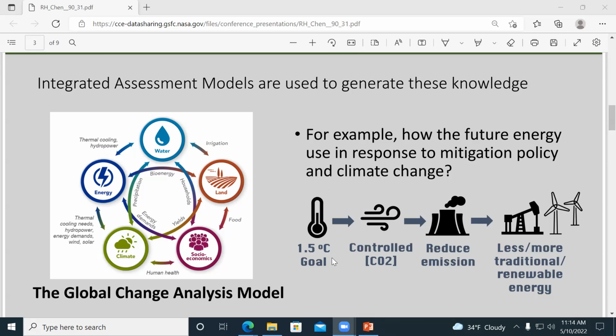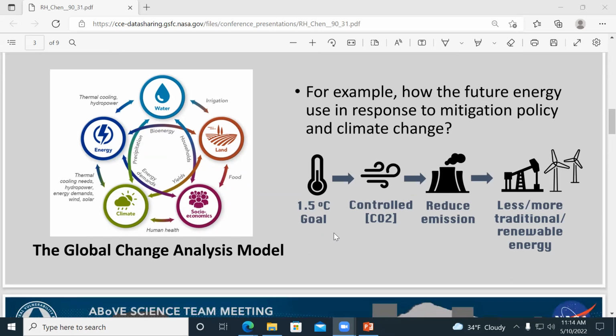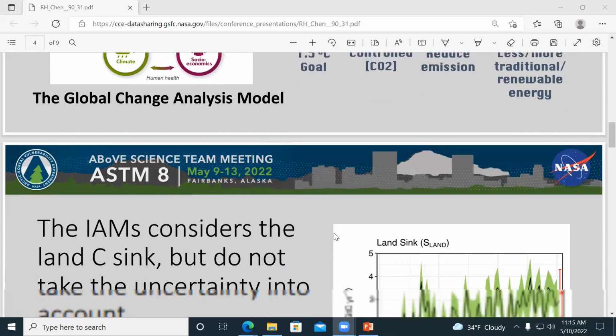If we set a 1.5 degree Celsius goal by the end of the 21st century, we have to control the atmospheric CO2 concentration. That means we need to reduce the emissions from fossil fuel use, and that means we probably want to use less traditional energy and more renewable energy.